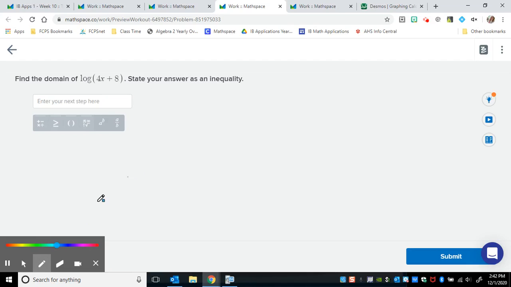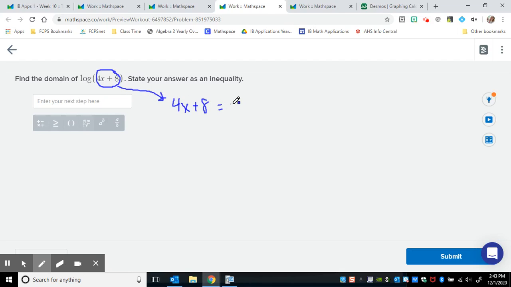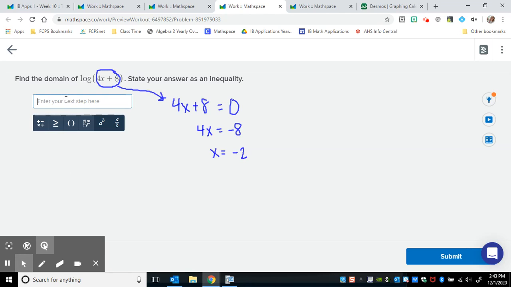You can also do this algebraically, that you can take the piece that's in parentheses, that 4x plus 8, and if you set it equal to 0 and solve for x, it will get you the equation of the vertical asymptote. And then you can just use your basic knowledge of what a log looks like to know, is it greater than -2 or less than -2? From our graph, we know that x is greater than -2.